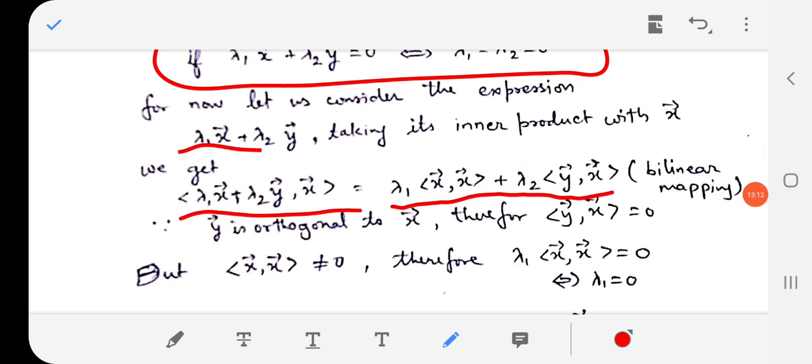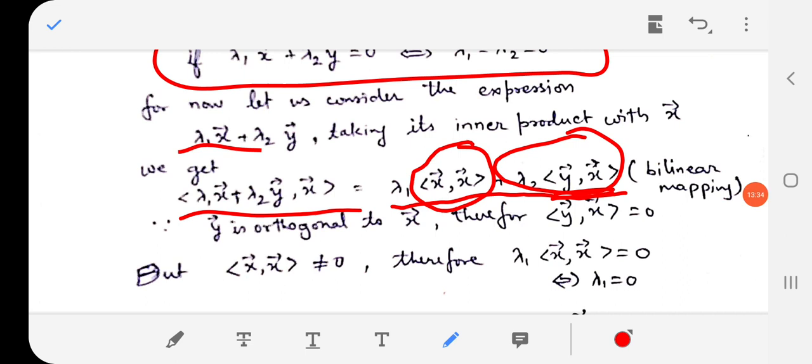Now definitely this cannot be 0 if x is not 0, and since y is orthogonal to x, this portion comes out to be 0.